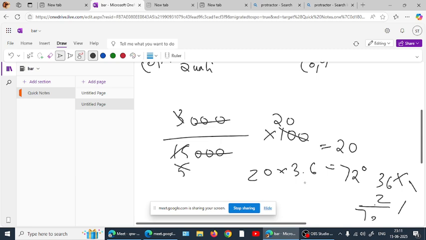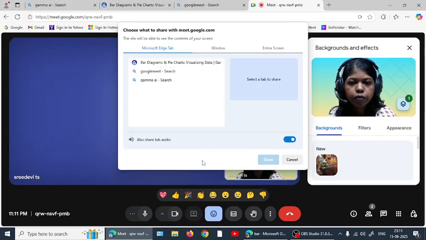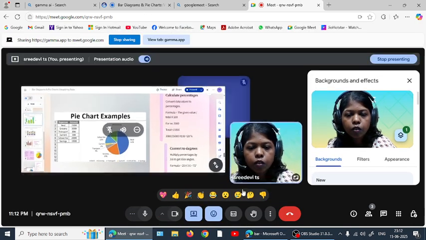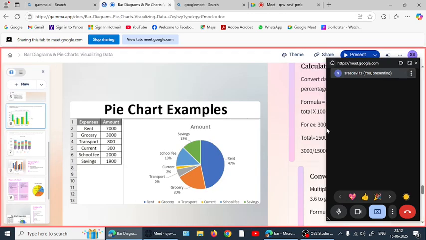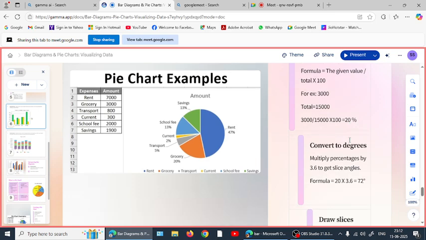What is the total angle of a circle? It is 360. Half of it is 180. So here we got 72 degrees.